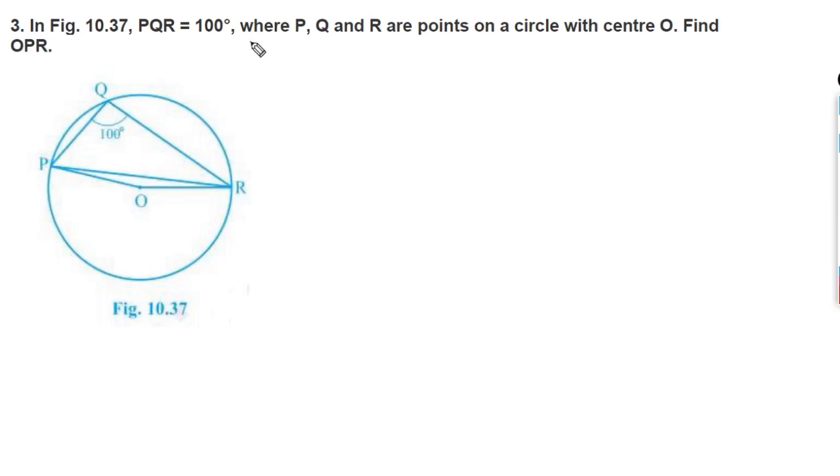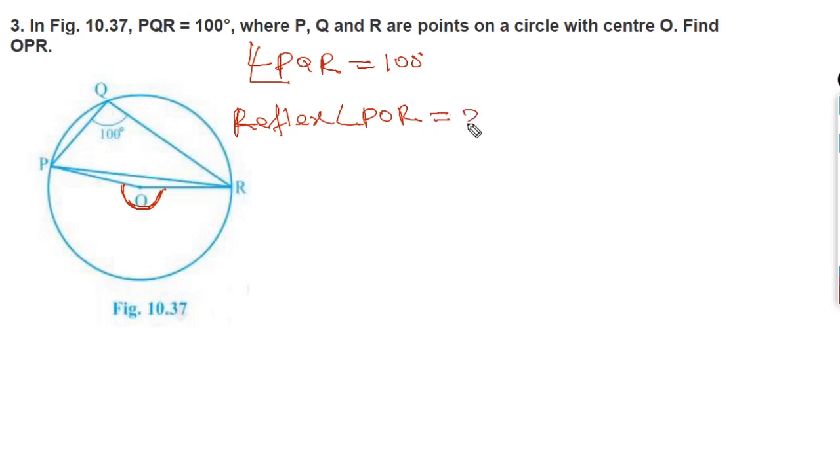Here angle PQR is equal to 100 degree. Angle POR, actually this is the reflex angle, we have to write reflex. So reflex angle POR, that means this angle that I have demarked, is equal to 2 times angle PQR. Why? According to theorem 10.8.